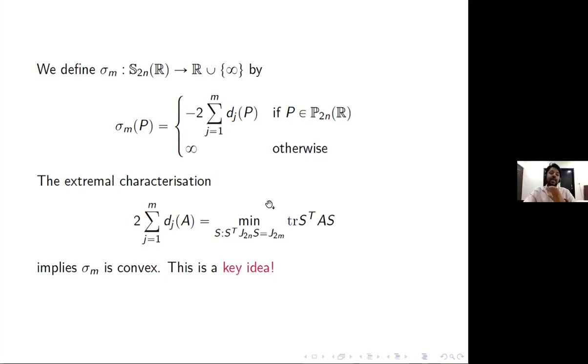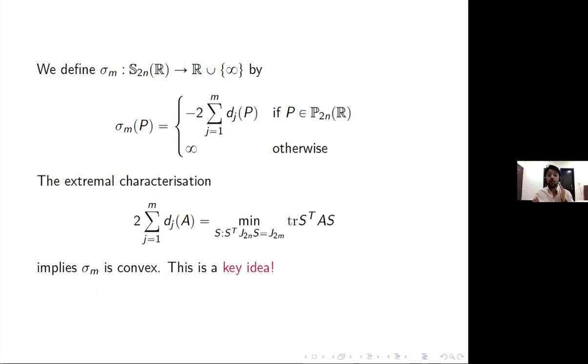So we can see that the right-hand side is a point-wise minimum of linear maps, using which one can conclude that twice the sum of the first m symplectic eigenvalues is a concave function of A. And that is why we take a negative sign here, which gives us that sigma m is a convex function.